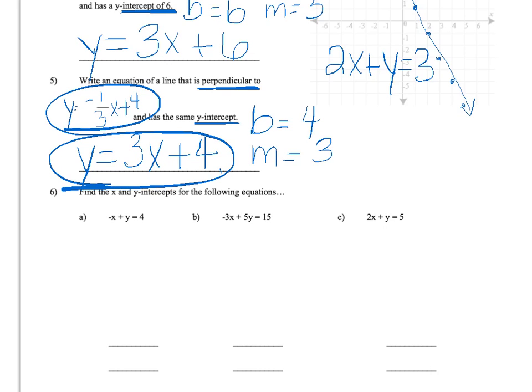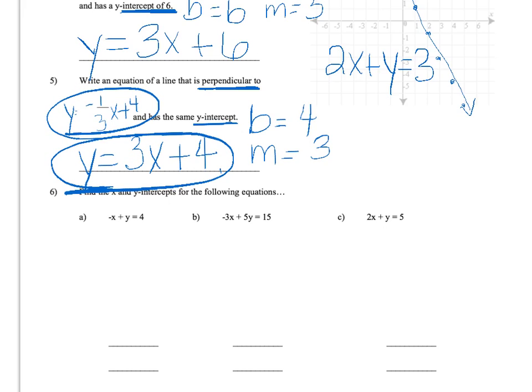For number 6, you are trying to find the x and y intercepts for the following equations. So you're going to have two answers for each of them. So if we start with the first one, and we want to find the x-intercept, we are asking where the coordinates would be something, comma, 0.